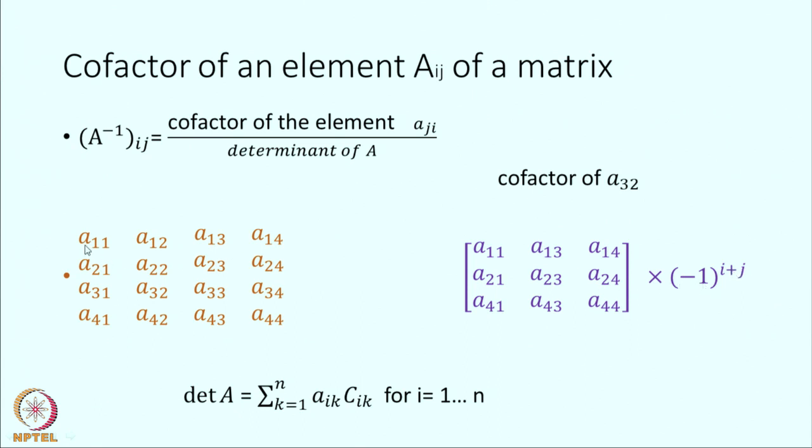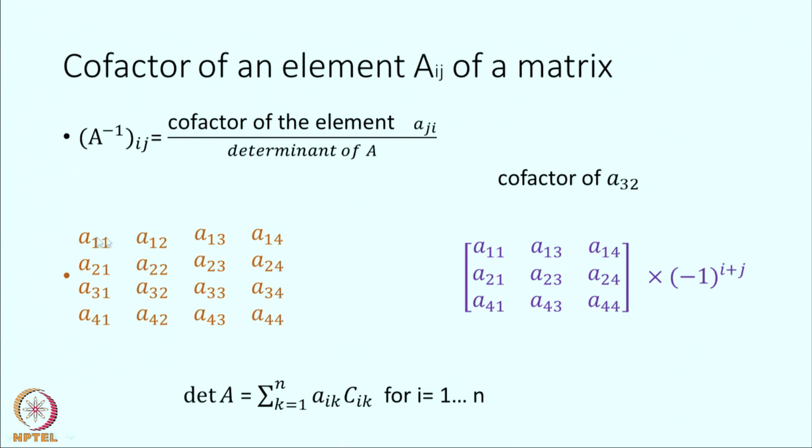So, what will be the cofactor of A11? For A11, I delete the first row and the first column. It will be the determinant formed by the remaining 3 by 3 matrix, starting with A22, A23, A24, all the way up to A42, A43, A44. I get the determinant of this and multiply by minus 1 to the power of i plus j. Here i plus j is 1 plus 1, so there will be a plus sign.